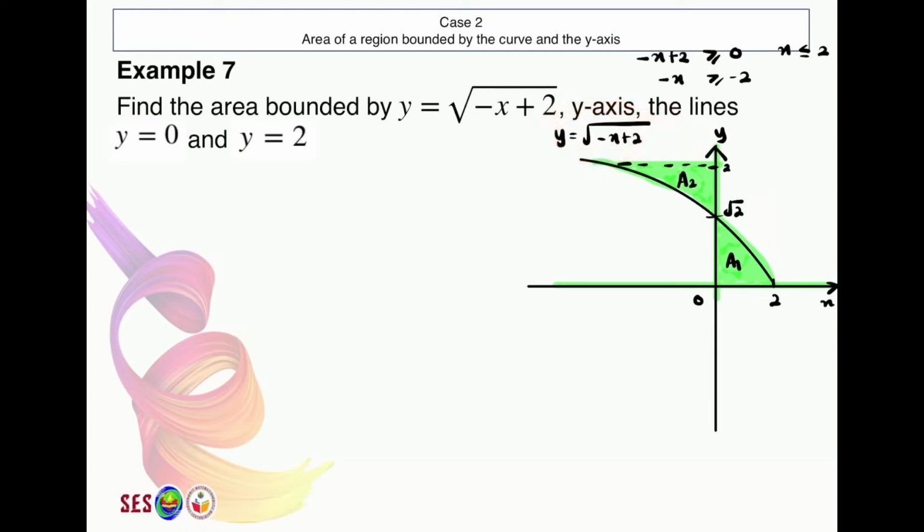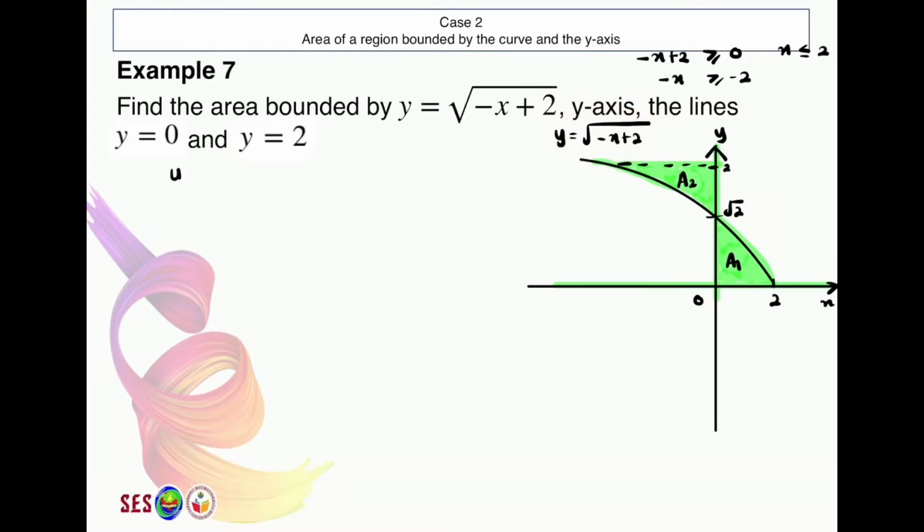So when you want to find the area of the region bounded by the curve and the y-axis, your function has to be in terms of y, because you'll be integrating with respect to y. So you must change this function into terms of y.